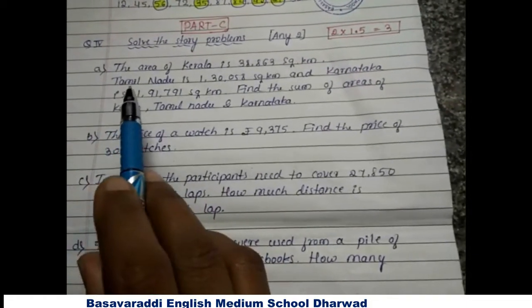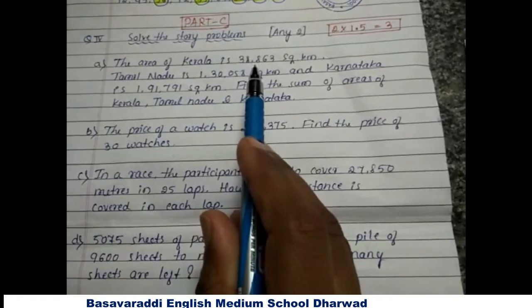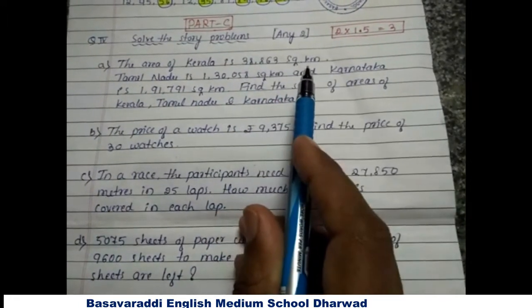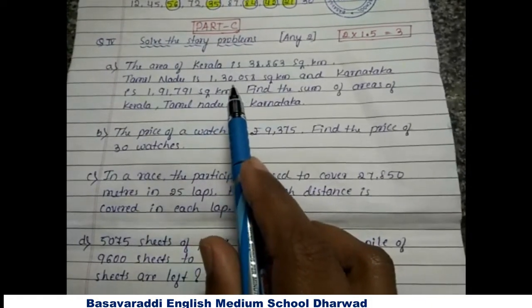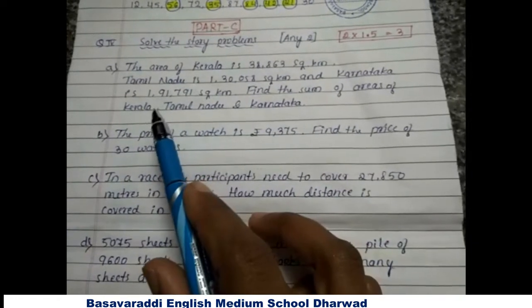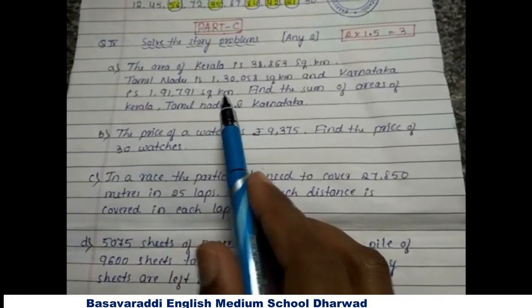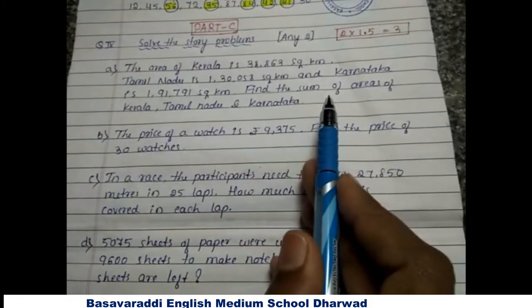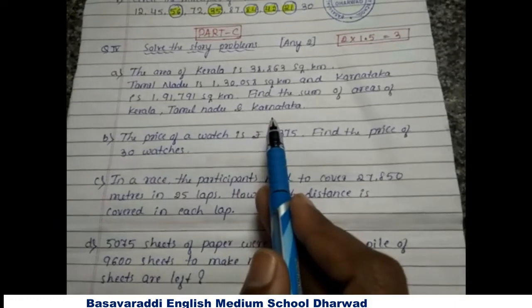The first one: the area of Kerala is 38,863 square kilometers, Tamil Nadu is 1,30,058 square kilometers and Karnataka is 1,91,791 square kilometers. Find the sum of areas of Kerala, Tamil Nadu and Karnataka.